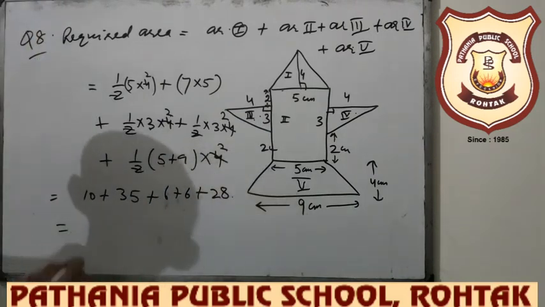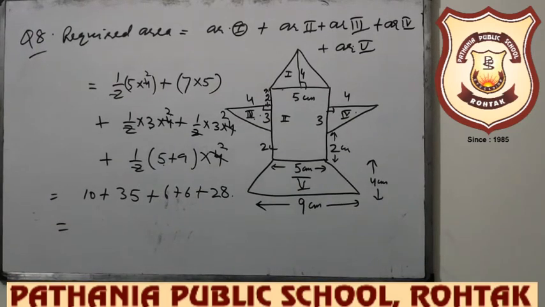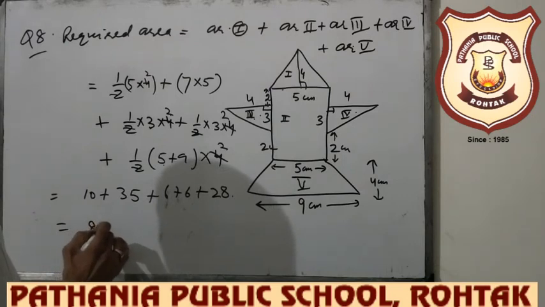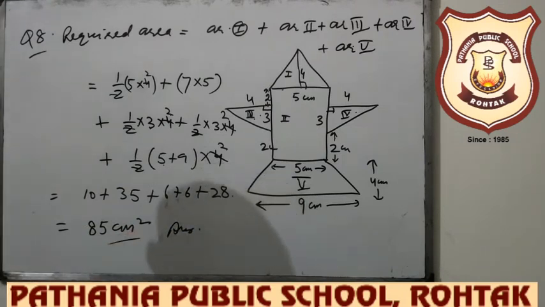So this is equal to 85 centimeter square. This is the answer. Area is always represented in centimeter squares or square of unit.